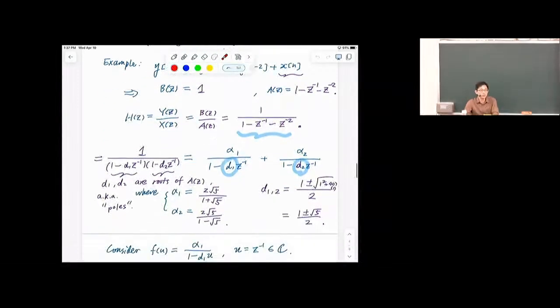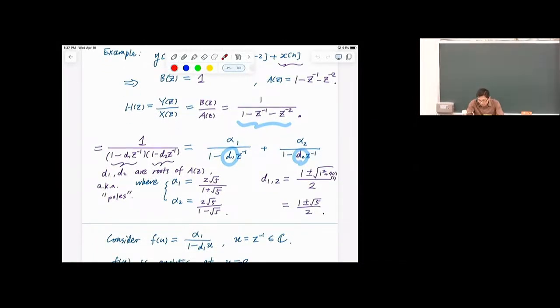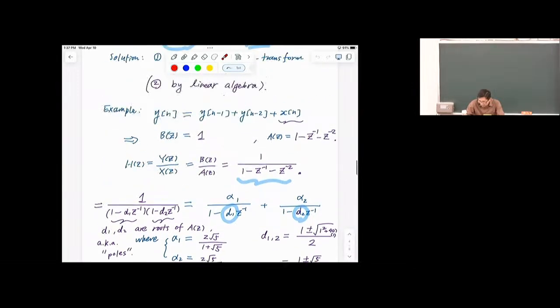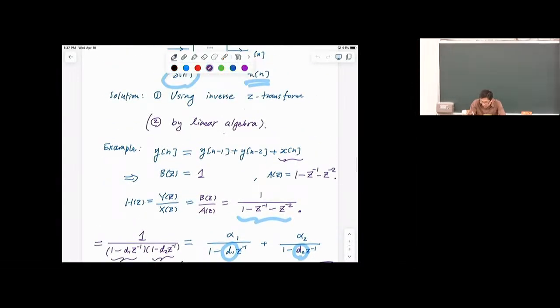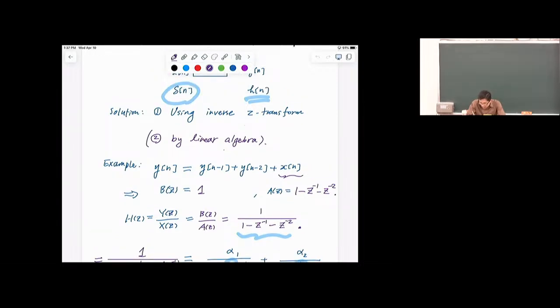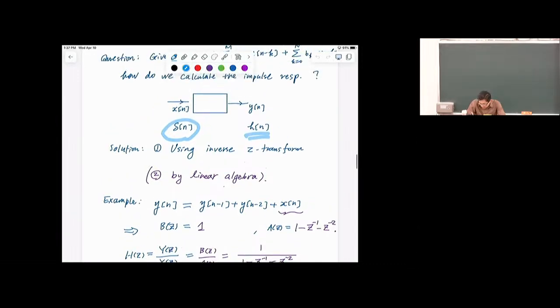Fibonacci series meaning that if the current input is an impulse, you can expect the impulse response to be 1, 1, 2, 3, 5, 8, 13, and so on, because the current sample equals the sum of the past 2 samples.